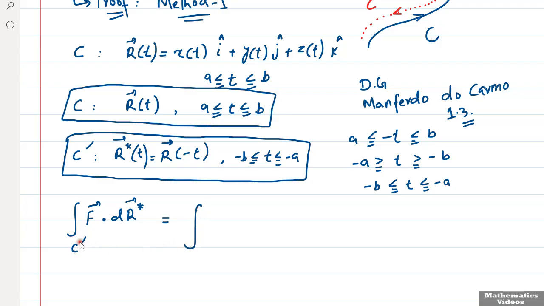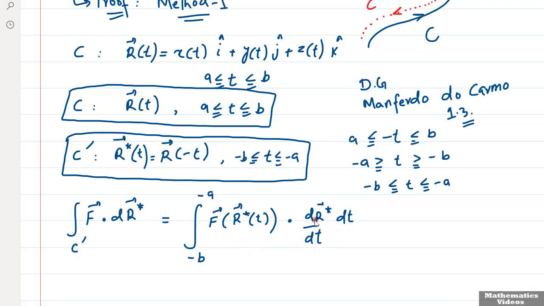Since in the case of C prime, t ranges from minus b to minus a, the lower limit of integration is minus b and the upper limit of integration is minus a, and f will be written as f of r star of t, and then dot product with dr star by dt times dt. So here we have just applied the definition of the line integral.